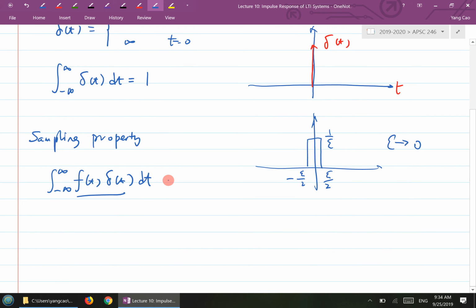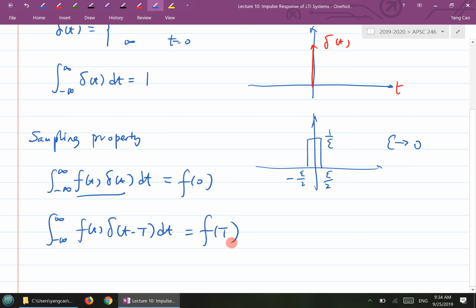And this one here gives us f of 0. Okay. So it's as if it gives you the sample value of f of t at t equal to 0, right? That's what they call the sampling. Okay. If you multiply, instead of a delta t, with delta t minus capital T, so a shifted impulse, then it will give you f of capital T. Right?